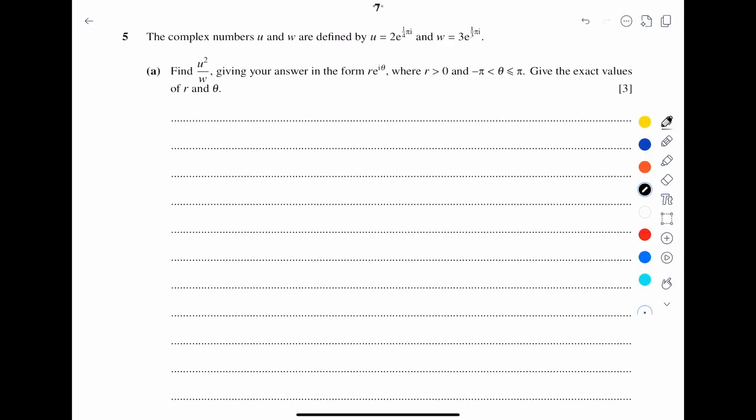That is that part A wants us to find u squared over w in the form re^(iθ). Well, we know that we're already in the form re^(iθ), so we can check that box firstly.